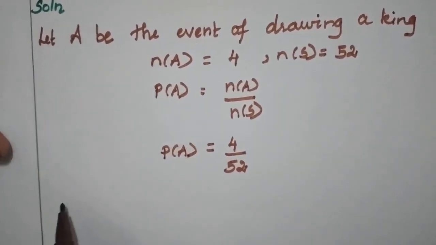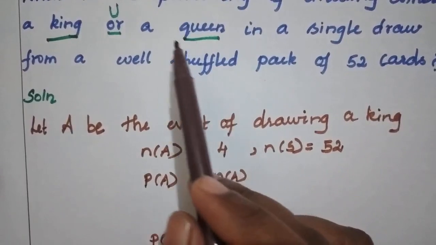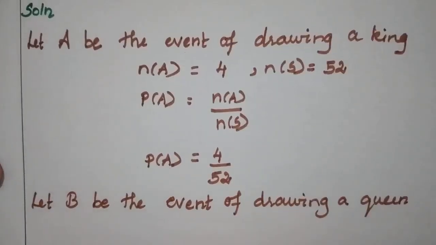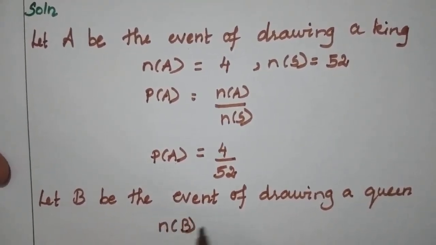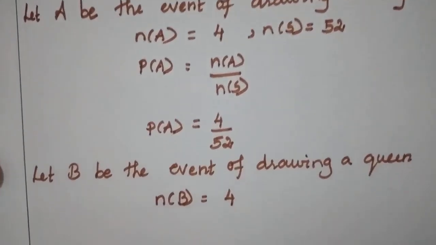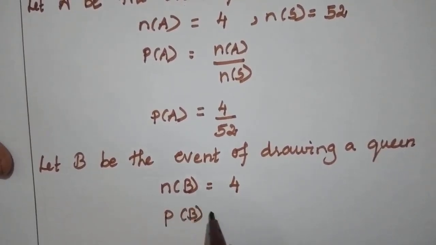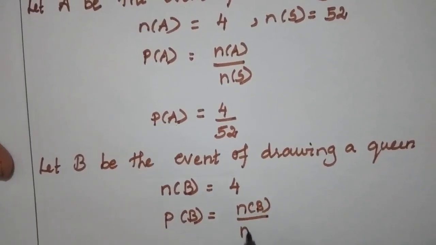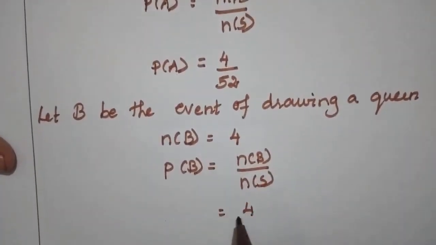Now the next event is, let B be the event of drawing a queen. So what will be our n of B? So n of B is equal to 4 because there are 4 queens in a pack of 52 cards. From this we are going to find P of B is equal to n of B by n of S. Substitute the values here. 4 by 52.